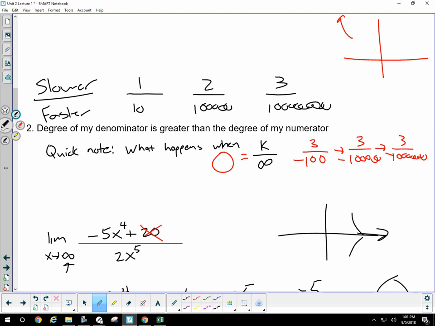My numbers in the denominator are growing much faster than the numerator. Even though we're growing on both the numerator and the denominator, what's happening to these fractions? Getting smaller and smaller and smaller, approaching 0.